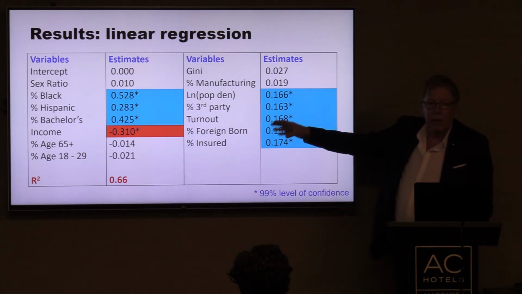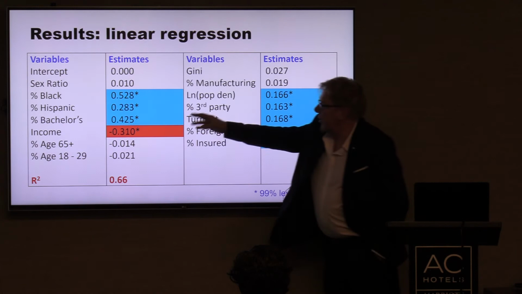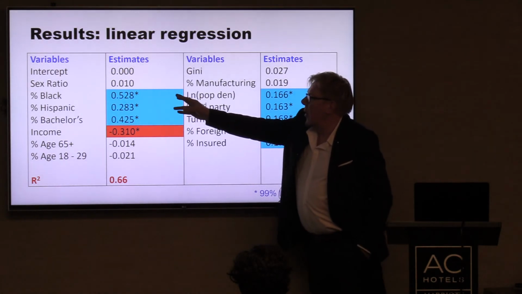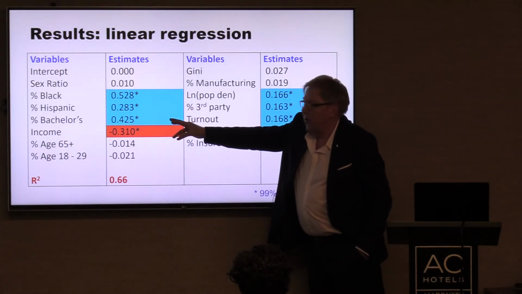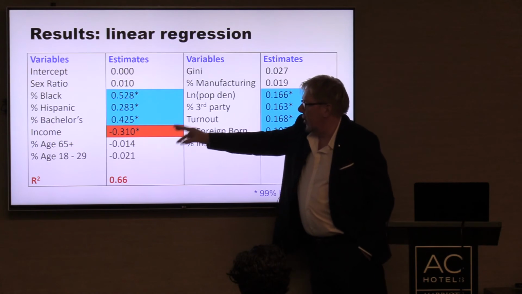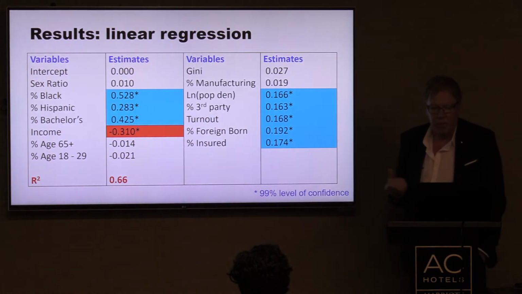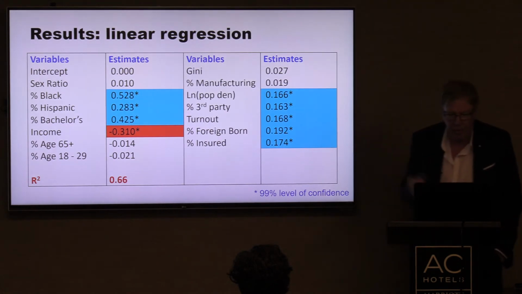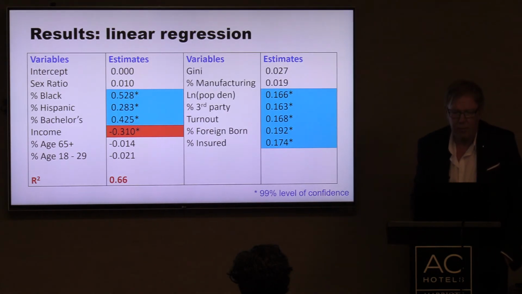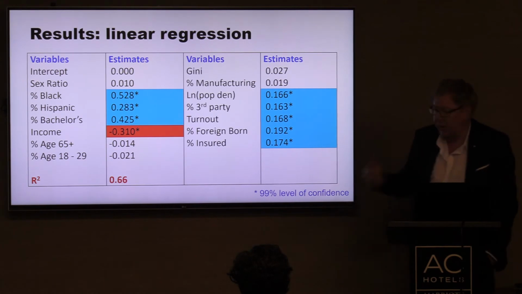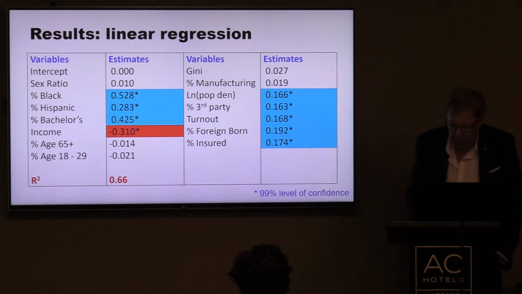Given all the variables are standardized, you can compare these parameter estimates and see which ones are most influential. African American, bachelor education, income, Hispanic population have big impacts upon voter preferences, and these others have slightly weaker impacts, but they're all significant at the 99% level.